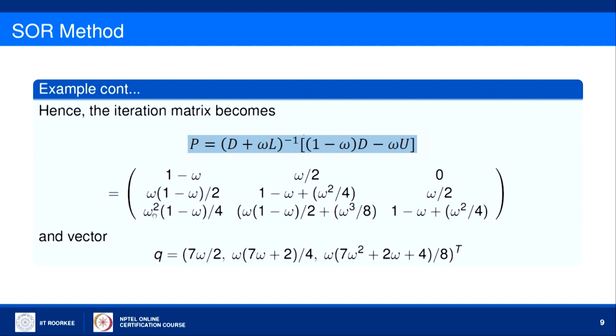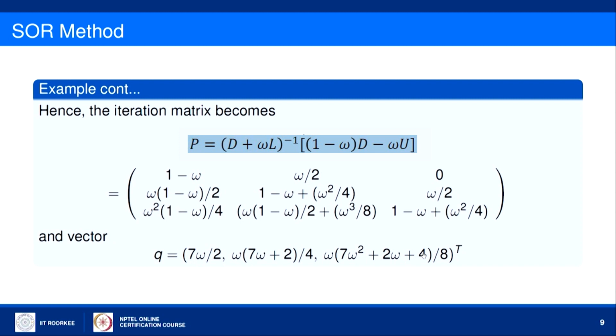Then in the third row, first element is omega square into (1 minus omega) upon 4, second is omega (1 minus omega) upon 2 plus omega cube upon 8, and the third element is 1 minus omega plus omega square upon 4. So, this is the iteration matrix for the successive over relaxation method, and the column vector Q comes out in this form.